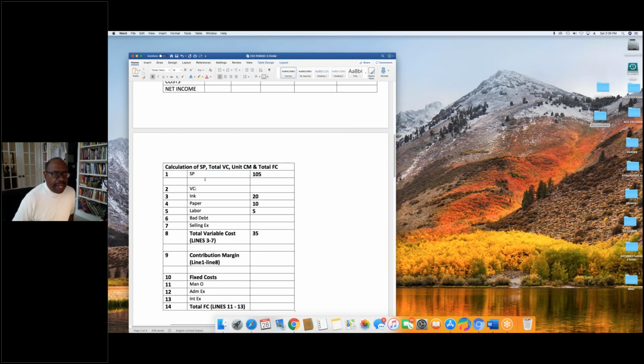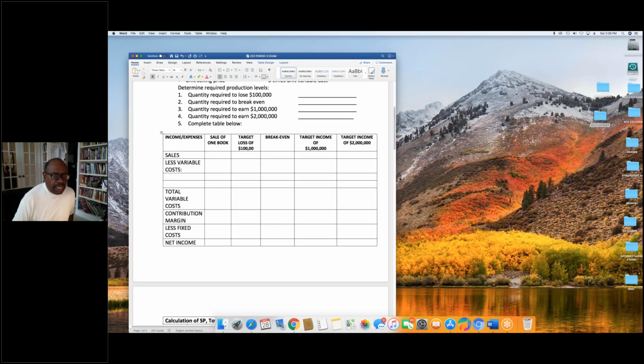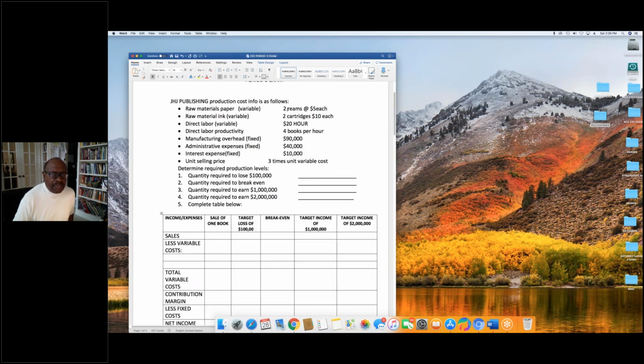If we subtract total variable cost from the selling price, then we come up with a contribution margin of 70. So we've determined selling price, we've determined total variable cost, and we have contribution margin, simply looking at the preliminary assumptions given to us.